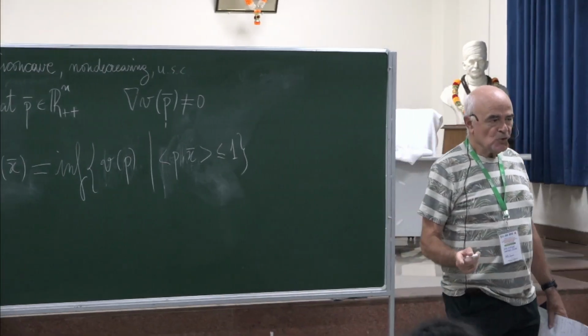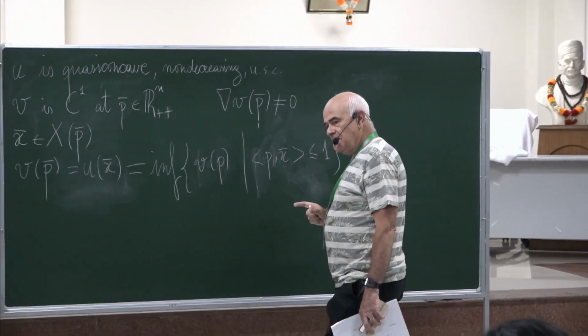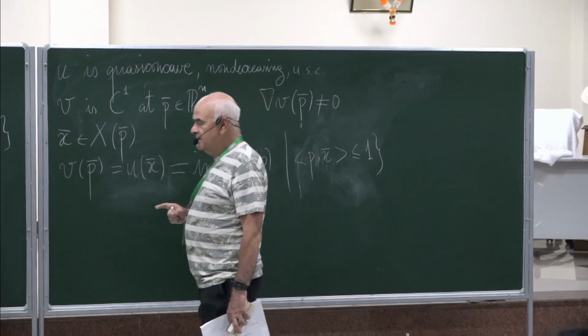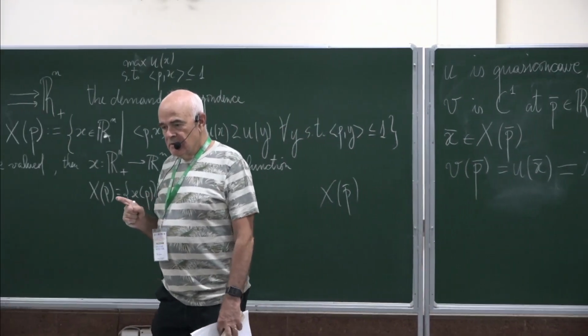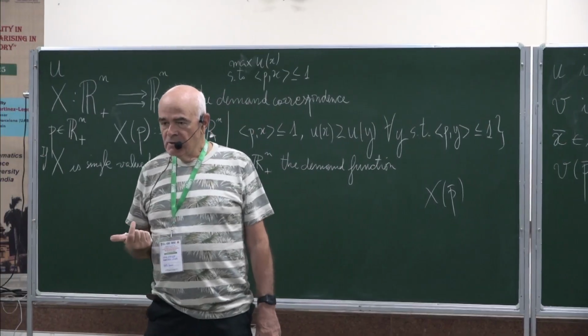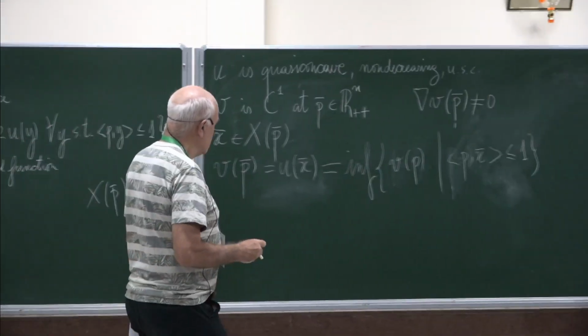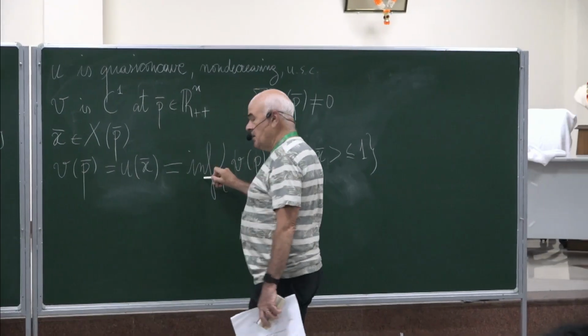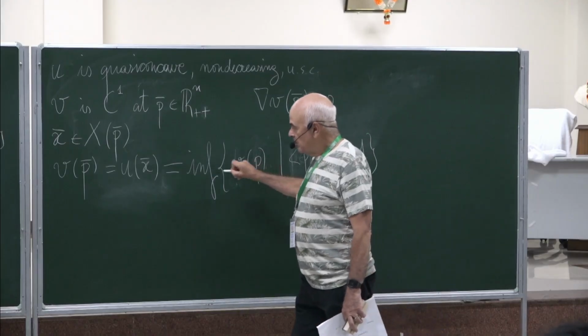What is the conclusion? What have we done with this simple step? Roughly speaking, we see that maximizing U is somehow equivalent to minimizing V. Because in this minimization problem for V, the optimal solution is P bar.